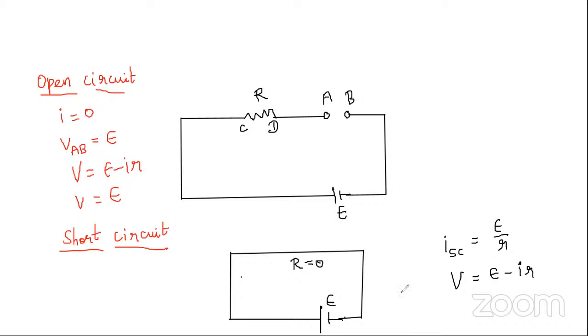Since there is no external resistance here, there is no drop also. So this potential difference is equal to 0. So V equal to 0.